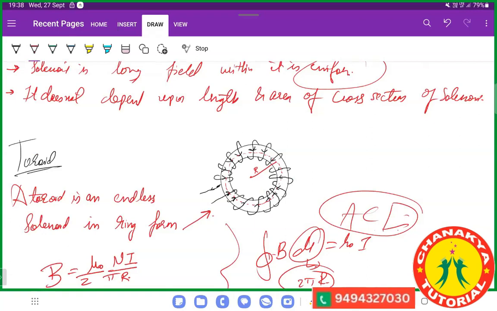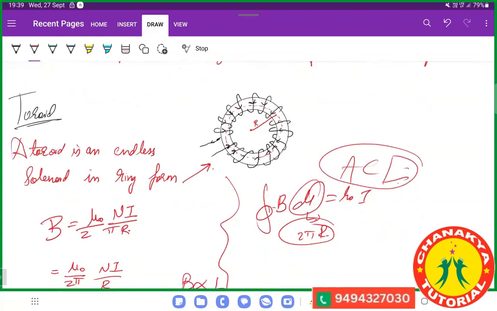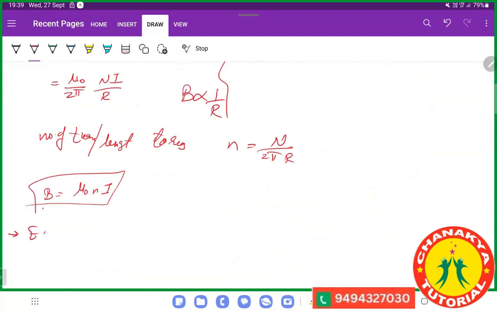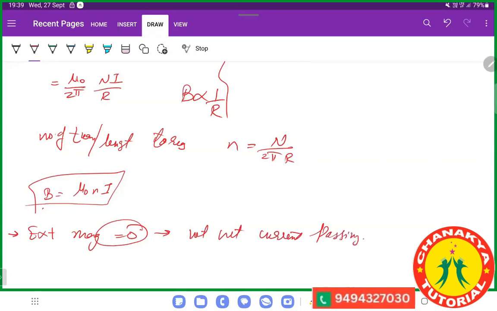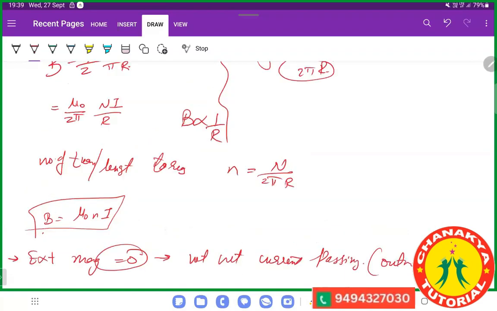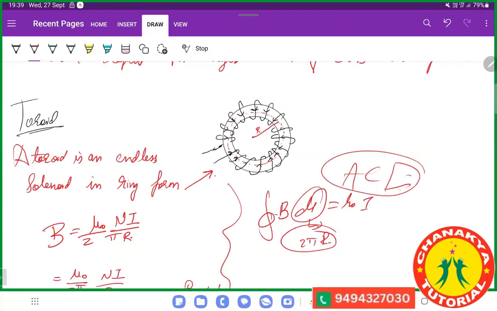The winding will be closely spaced, so the external magnetic field will be zero, because no net current is passing through the outside layer. Whatever is flowing, flows inside only, inside the solenoid.